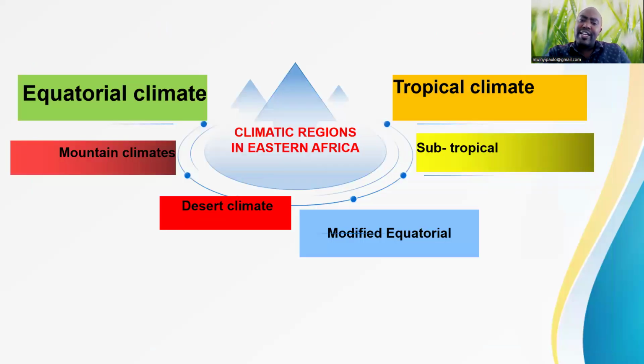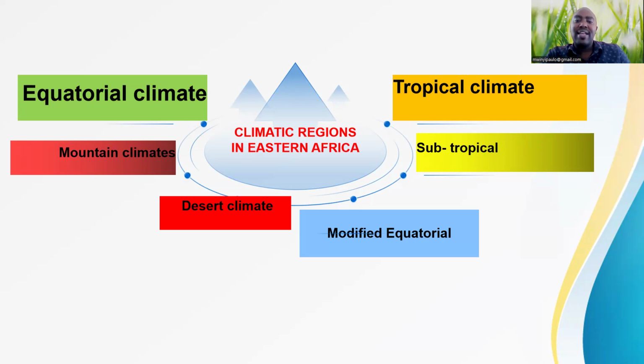Now, on your screen, I'm showing you climatic regions in Eastern Africa: equatorial climate, mountain climate, desert climate, modified equatorial climatic region, subtropical climatic region, and the tropical climatic region.